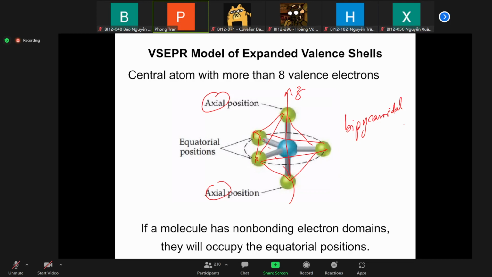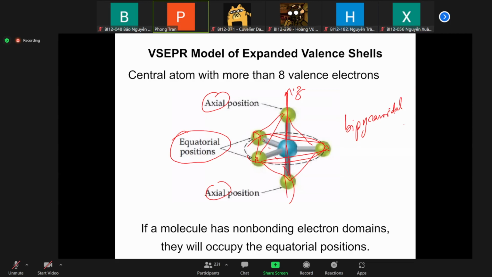You have the equatorial position, because when you make the connection, it looks like the equator on a planet. So we call it the equatorial position, and the position in the X perpendicular to the equatorial plane, we call the axial position.